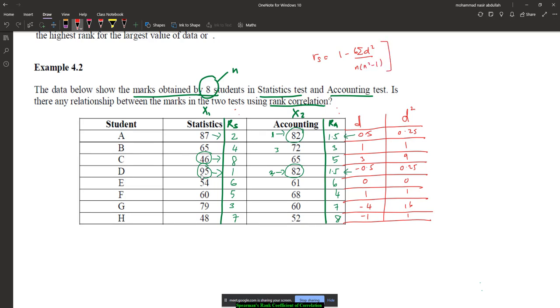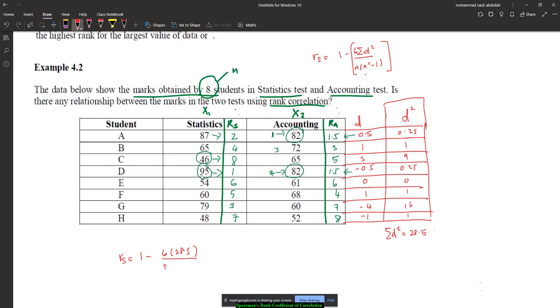So this is the formula. We need to calculate the summation of d squared, so we total up all the values of d squared here. The summation of d squared is equal to 28.5.